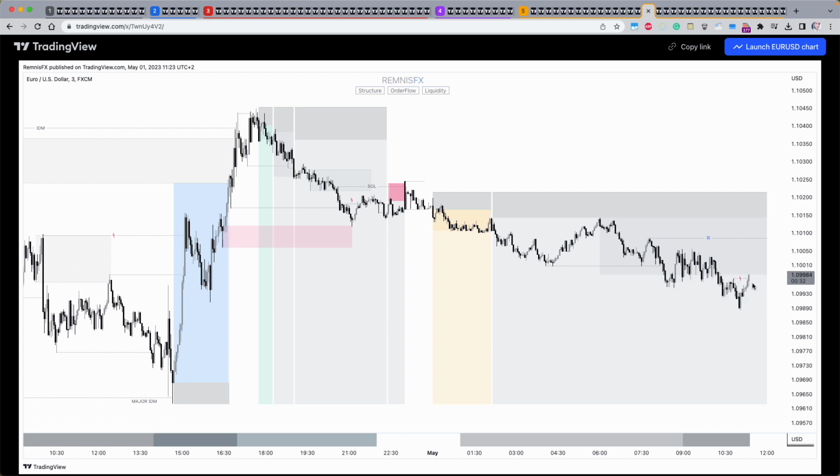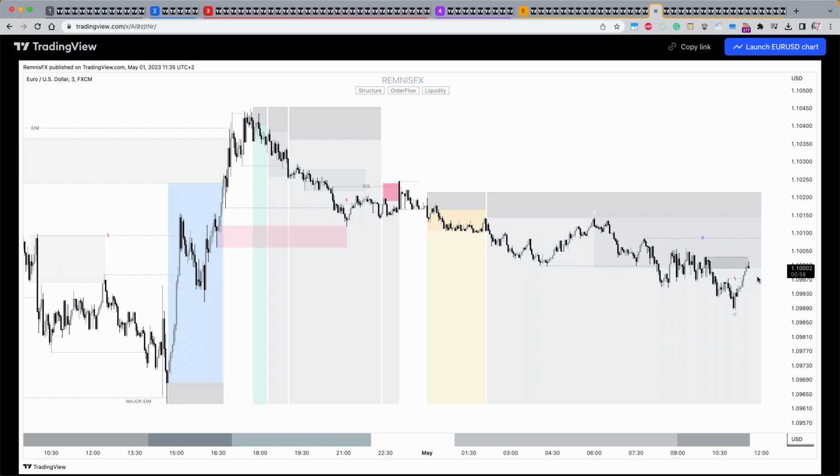Now price came back, took out that internal inducement here, right? I waited because the candle that did the liquidation was not taken out, or price did not close below it, right? But instead it went higher. But now I was noticing it was definitely reacting from this area, right?